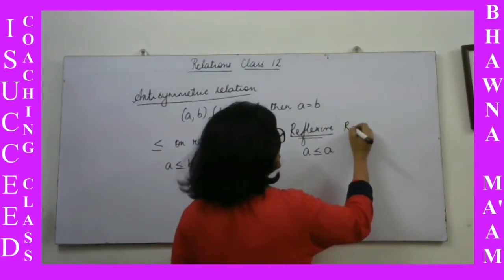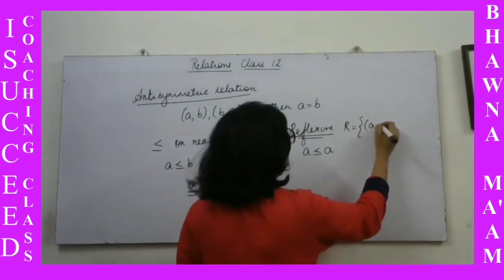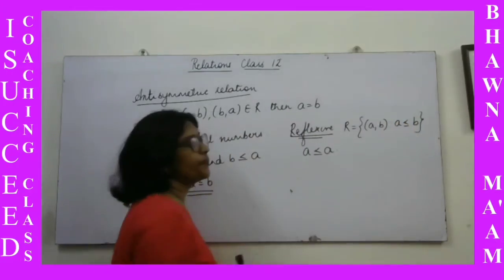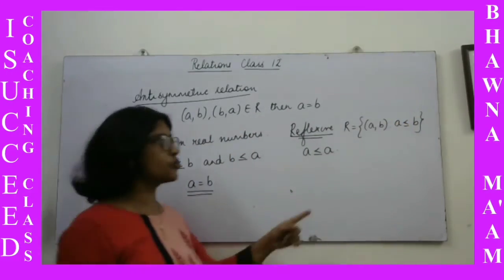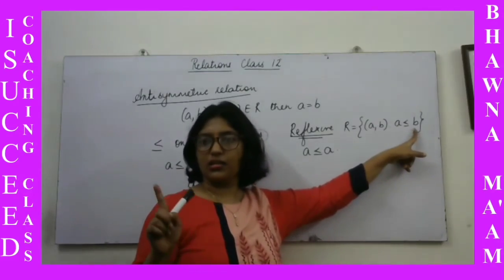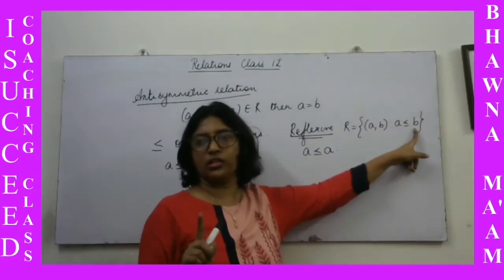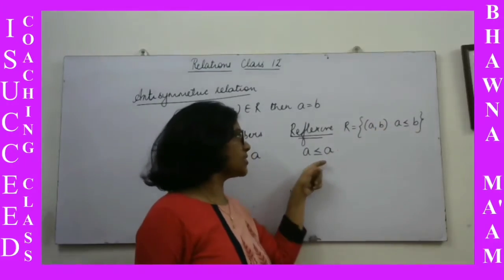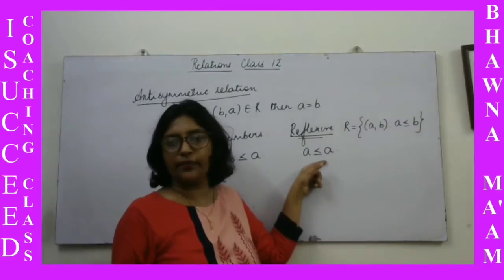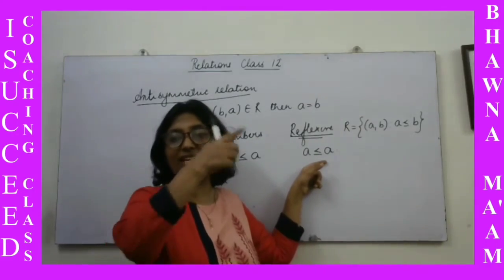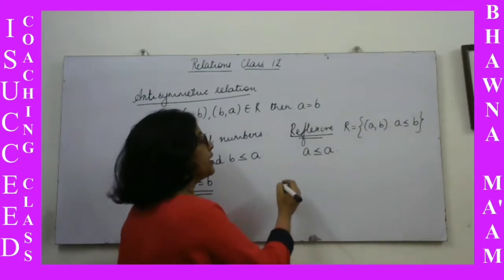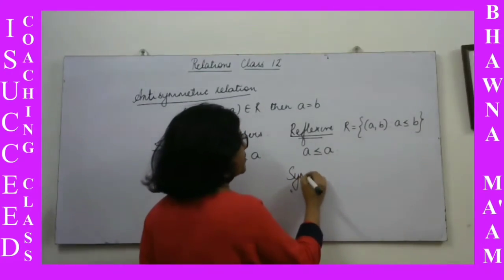The relation R is (A, B) such that A is less than or equal to B. Now for reflexive, what we need to do is put B as A and think, is it mathematically true? So A less than or equal to A, and yes, it's true, because we said less than or equal to, so A equal to A. So it is reflexive.